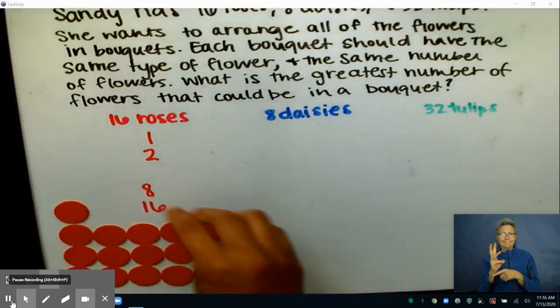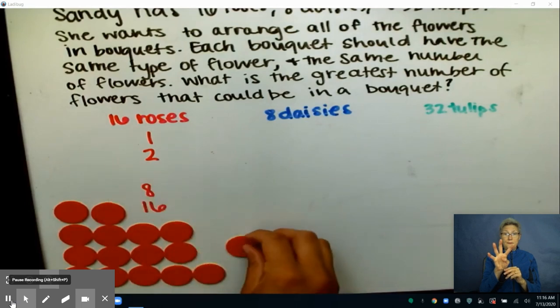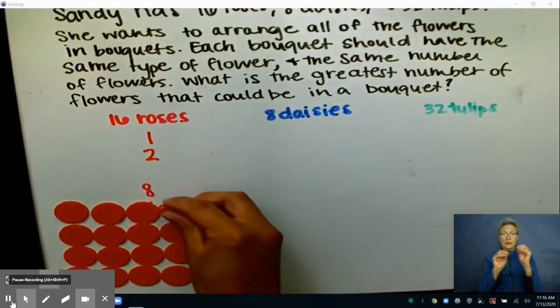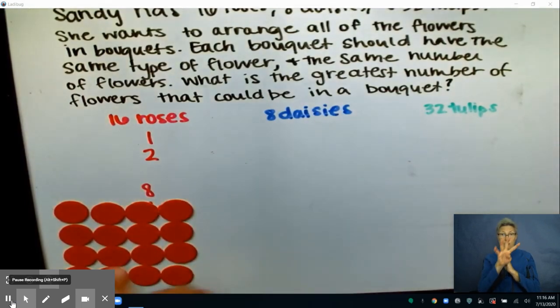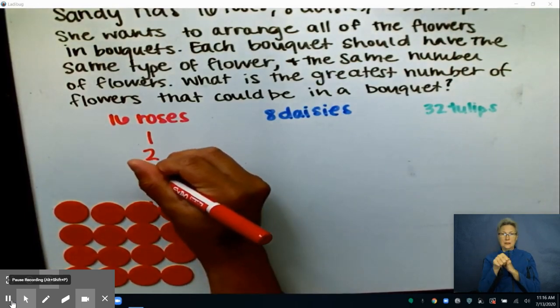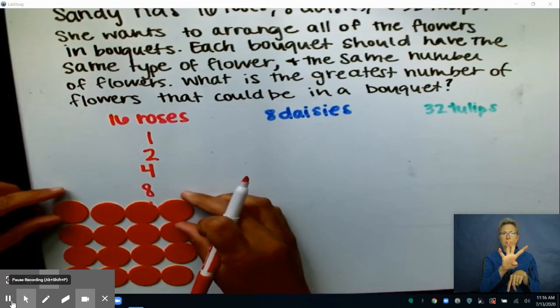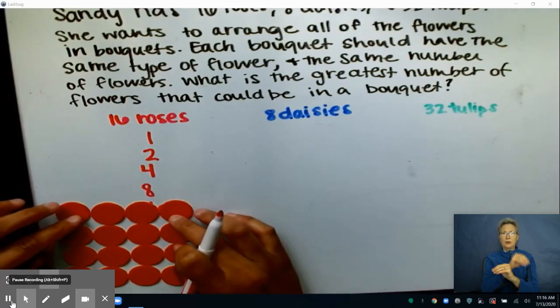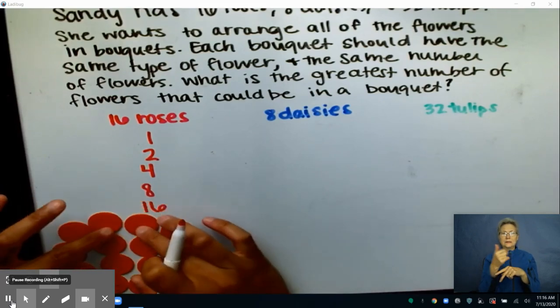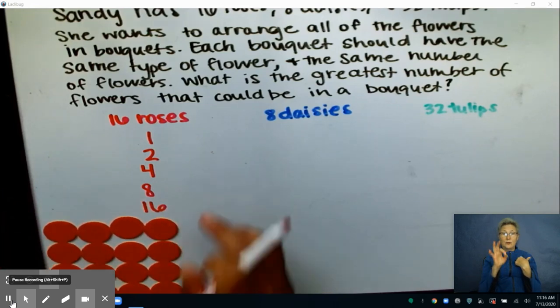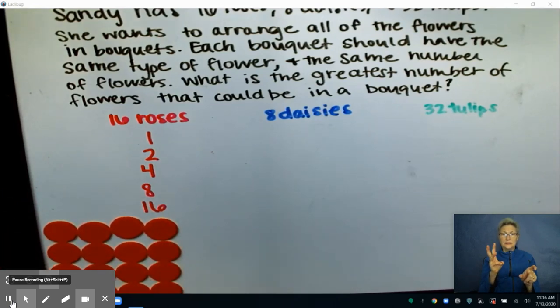But I'm going to try 4. And I'm rearranging my counters here, and I find, look at that, 4 does. I have 4 rows of 4, so I don't have to write that factor twice. I only have to write it one time. I know because of the commutative property that the product would be 16. So I've found now my factors of 16.